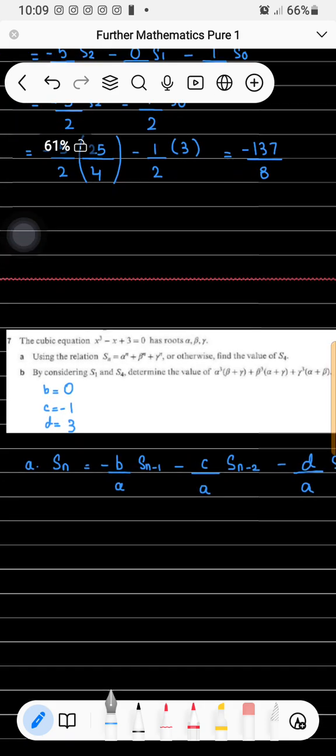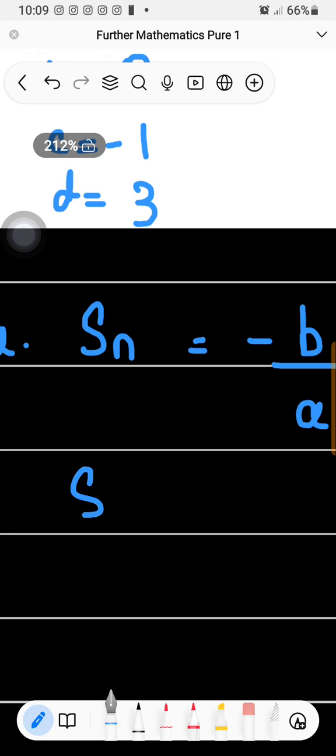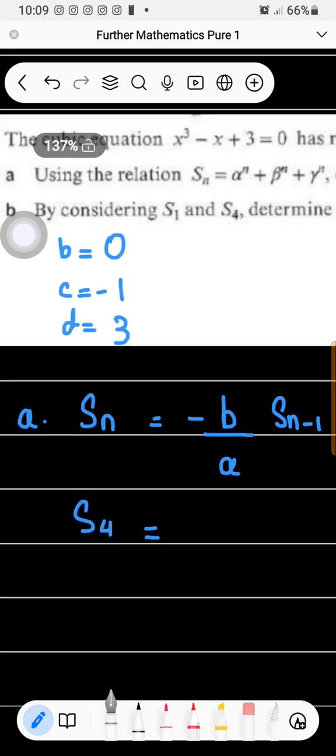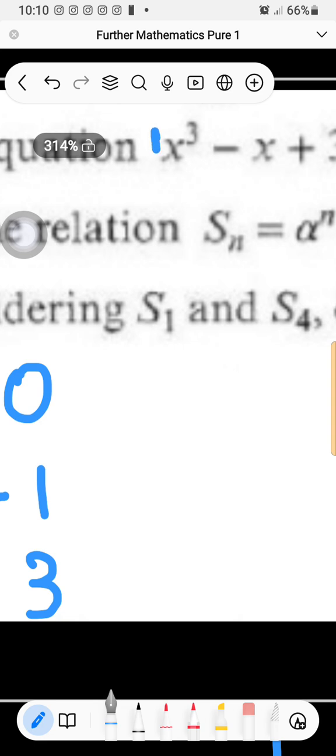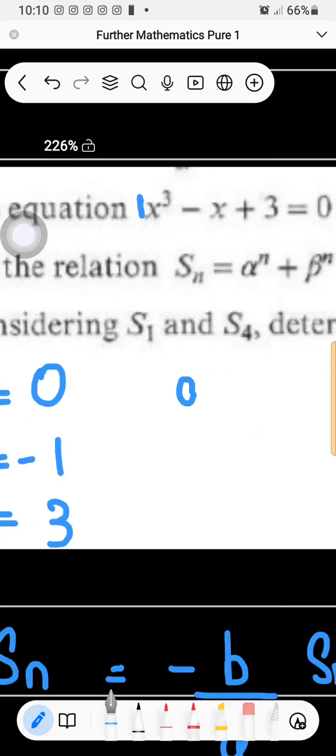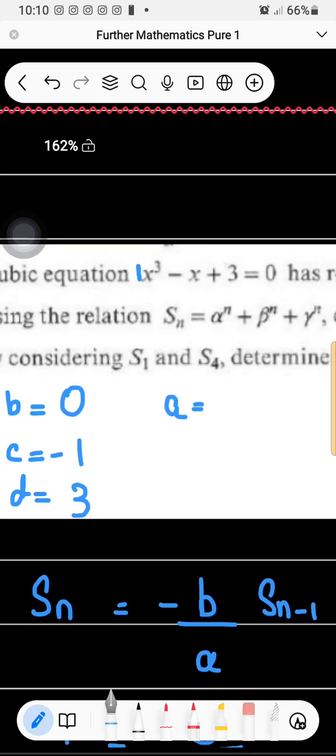Okay, if we write S4 here, and we write negative b is 0, so I am writing 0 here, and a is 1.